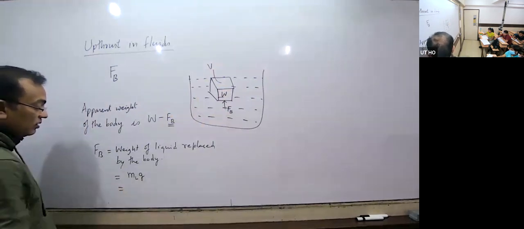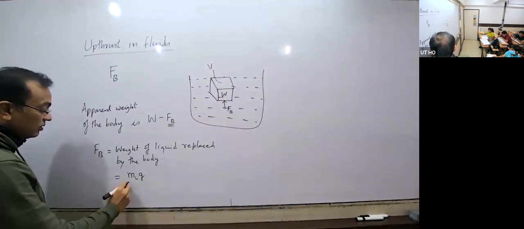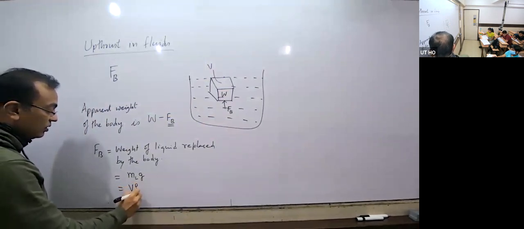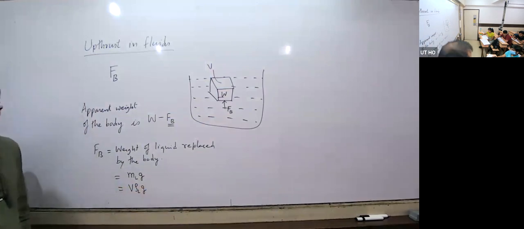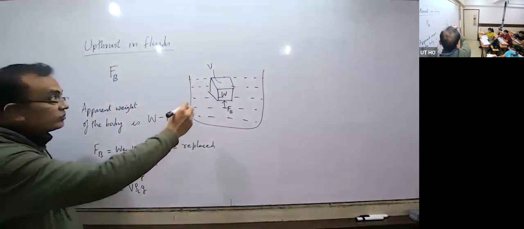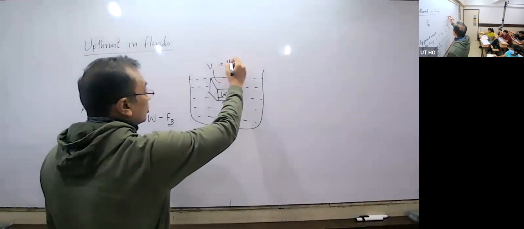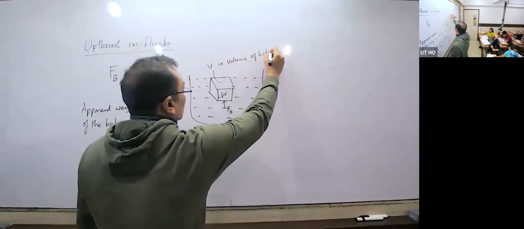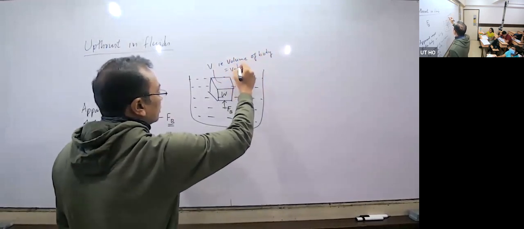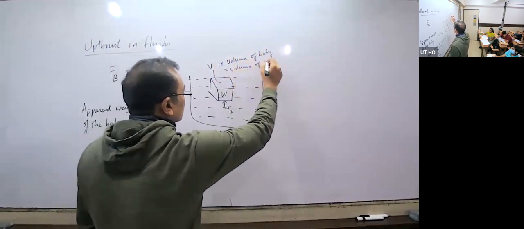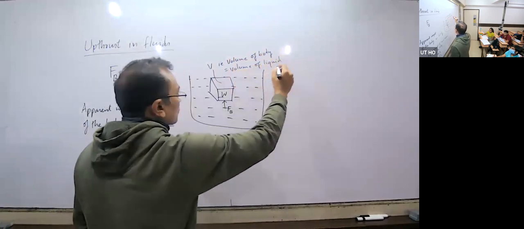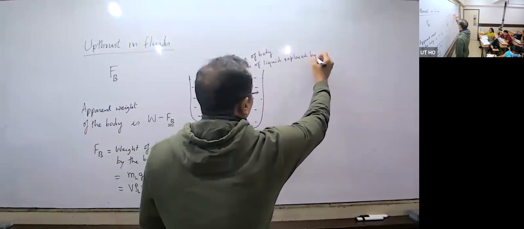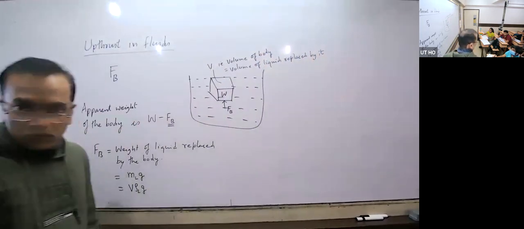And what is the mass and density relation? Mass is the volume of the body times the density of the liquid. V is the volume of the body, which is also equal to the volume of liquid replaced. Understood?